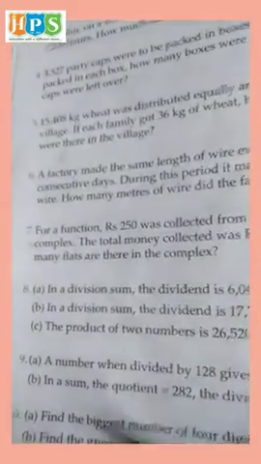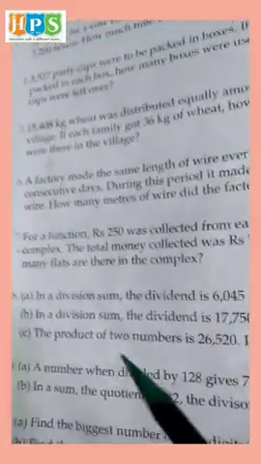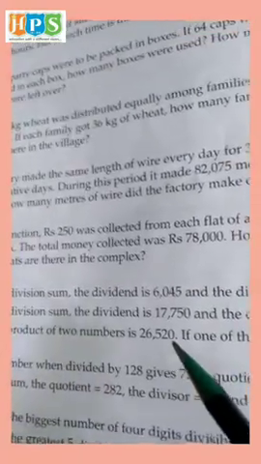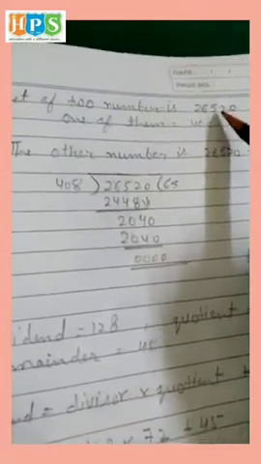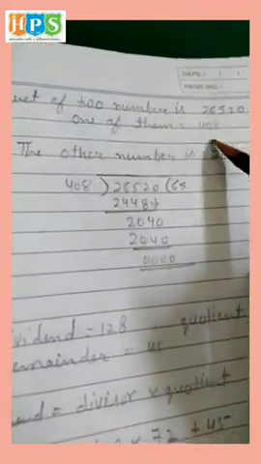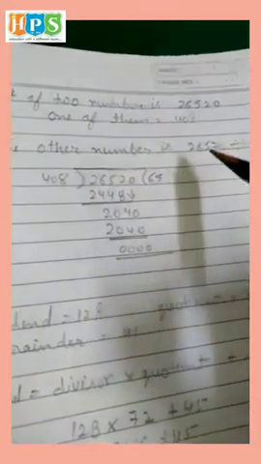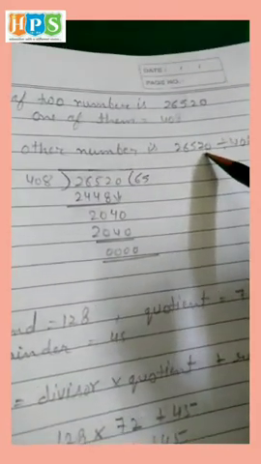Question number C. The product of two numbers is 26,520. If one of them is 408, find the other number. The product of two numbers is 26,520. One of them is 408. The other number is 26,520 divided by 408.